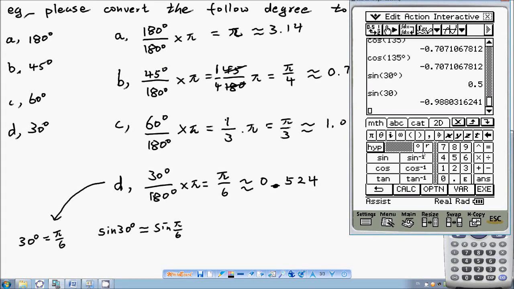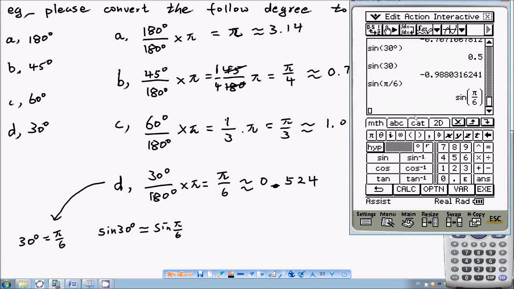Okay, let's enter sine pi divided by 6. For radians form, you don't have to enter that little circle, because that means degrees.